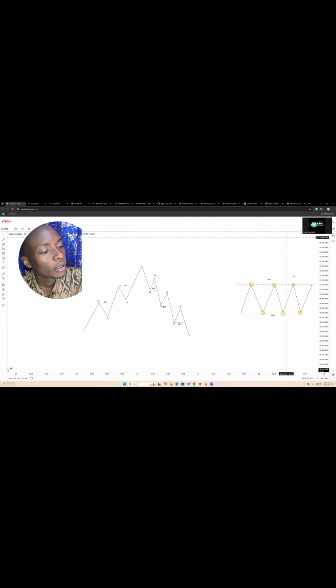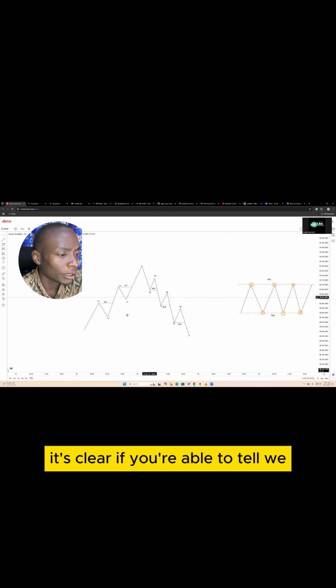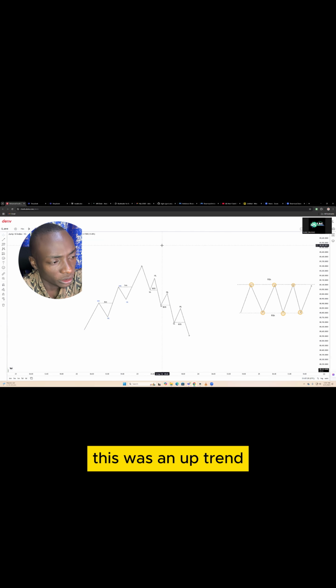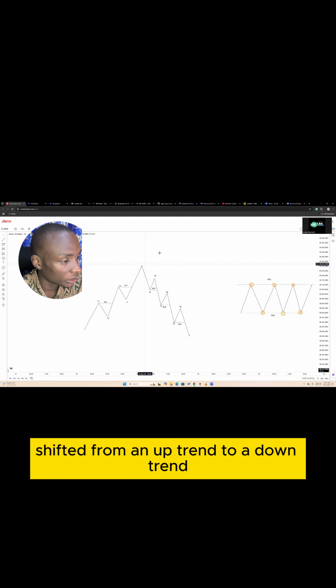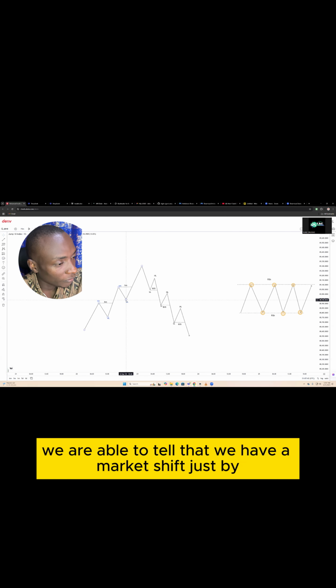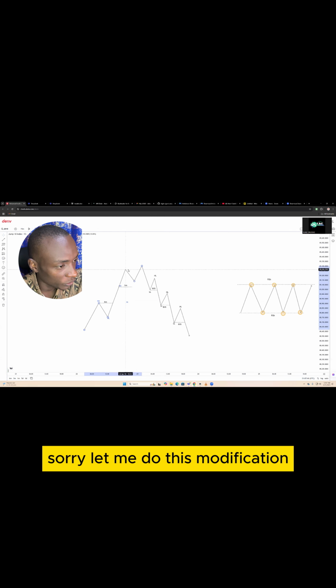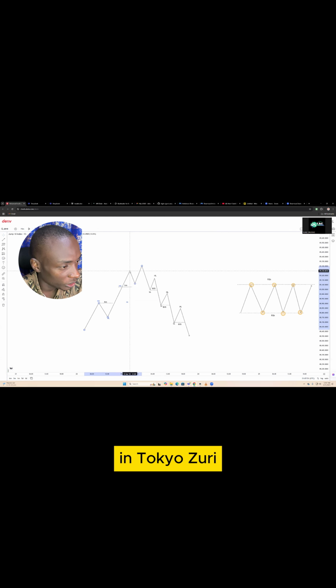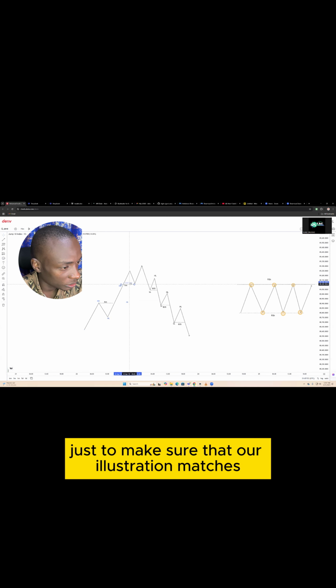Now, it's clear if you are able to tell this was an uptrend, but then the market shifted from an uptrend to a downtrend. How are you able to tell that we have a market shift? Sorry, let me do this modification just to make sure that our illustration matches.